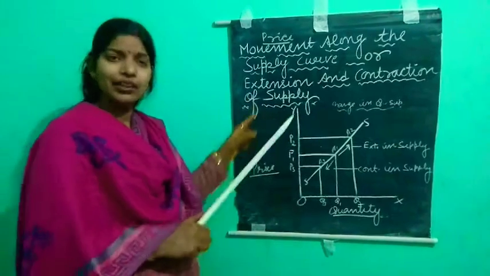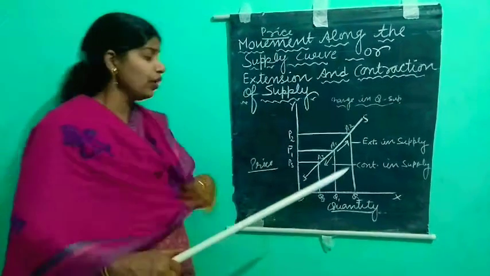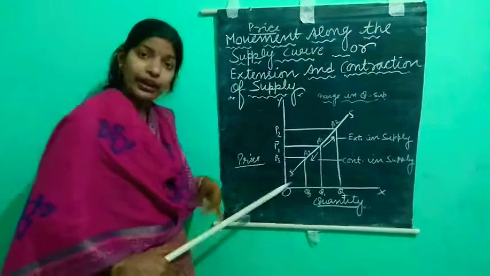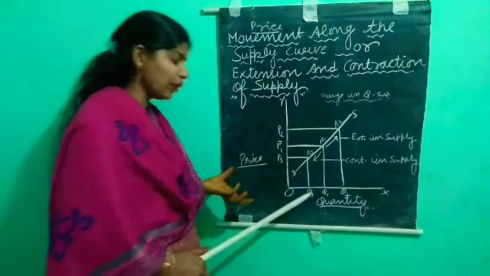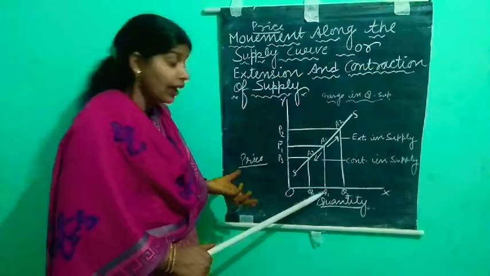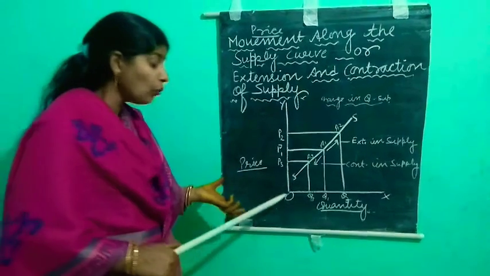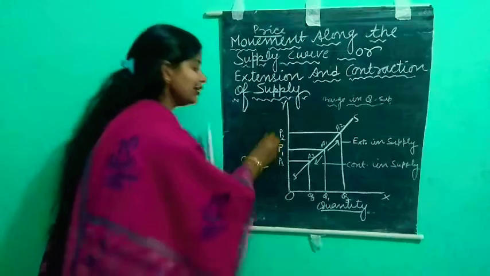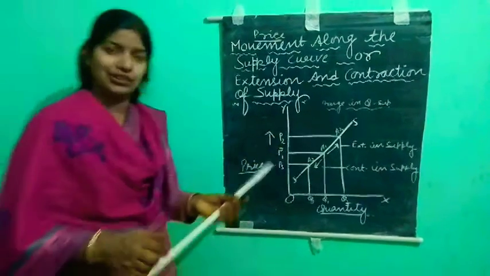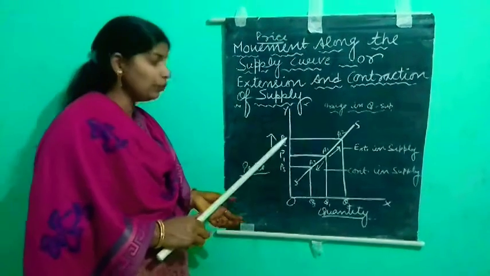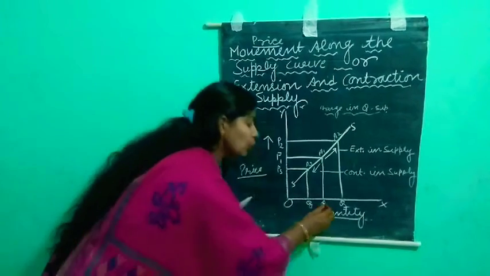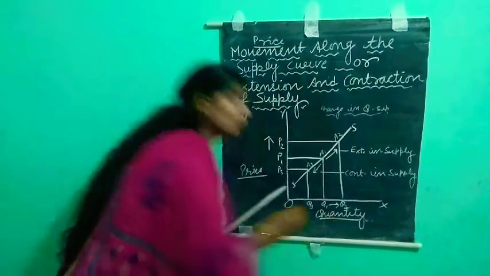Now, we can say this with the help of a diagram also. As we can see here, this is the initial price OP1 and initial quantity OQ1. If price rises from OP1 to P2, you can see that prices are rising, and then quantity supplied is also rising from Q1 to Q2.